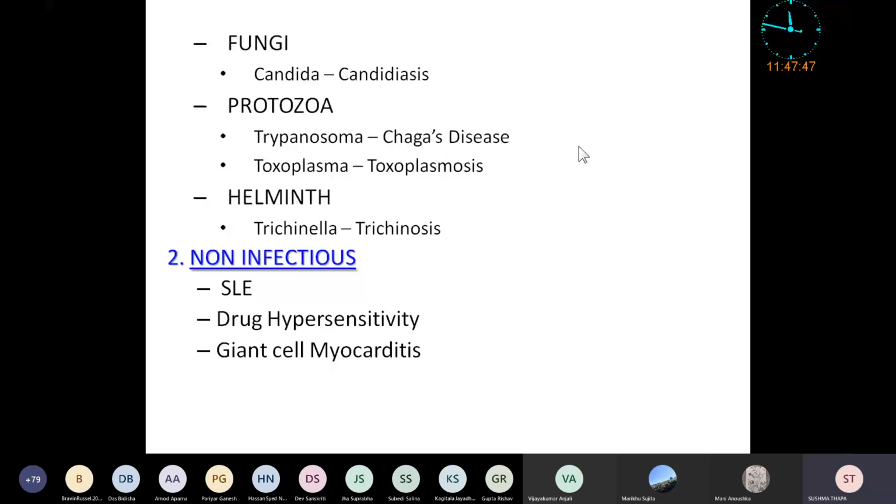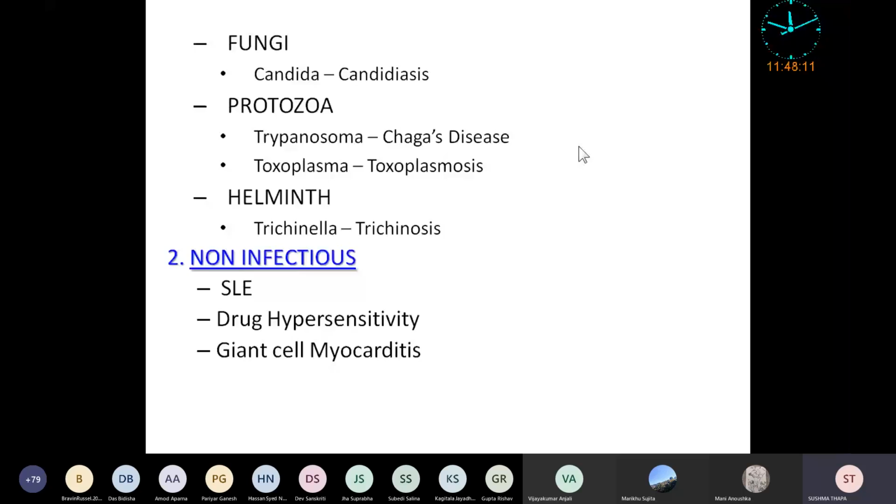Next, toxoplasmosis caused by the Toxoplasma protozoa, that time also a patient can have myocarditis. Sometimes helminthic infestations also lead to myocarditis, like trichinosis caused by Trichinella.